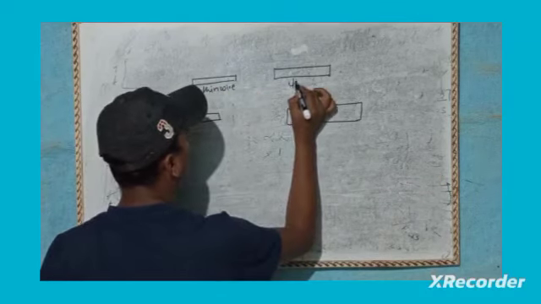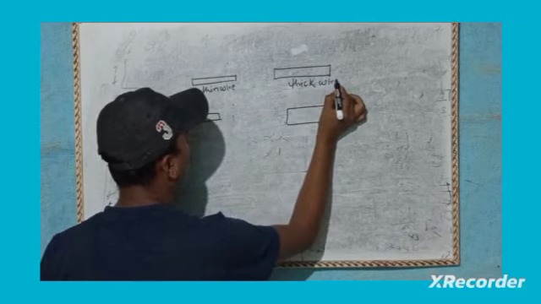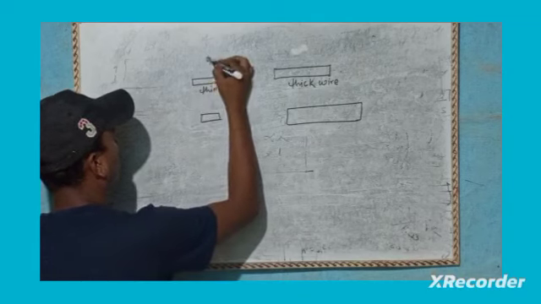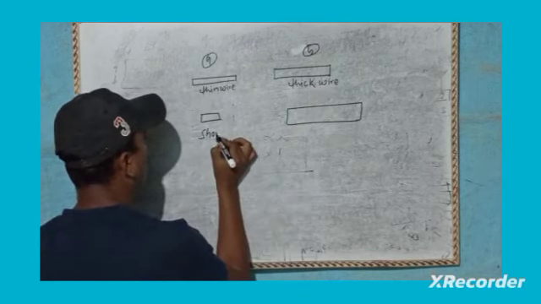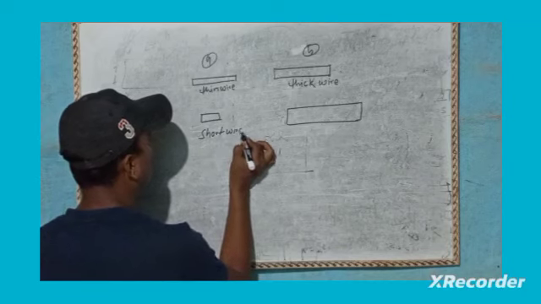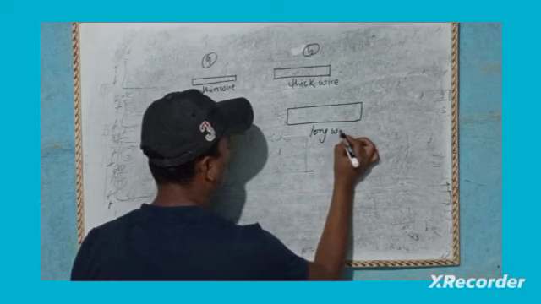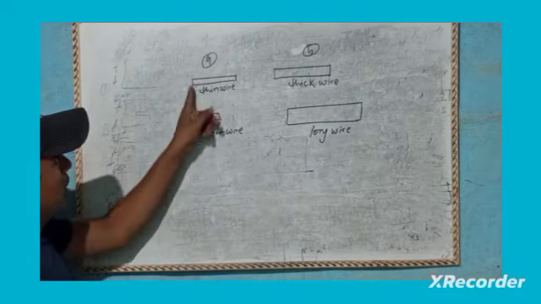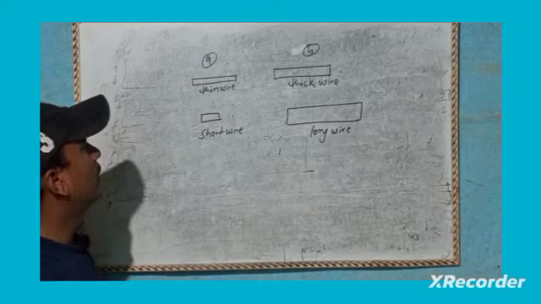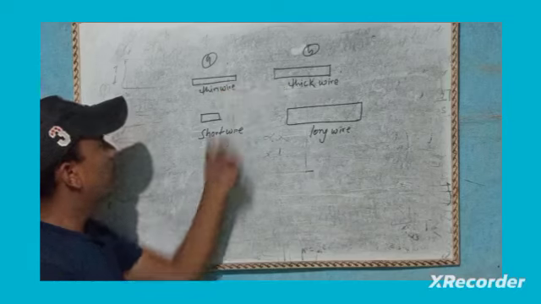It is a thick wire. It is a short wire. It is a long wire. Here, what is the resistance value? Maximum or minimum? Comparing both, which is maximum?